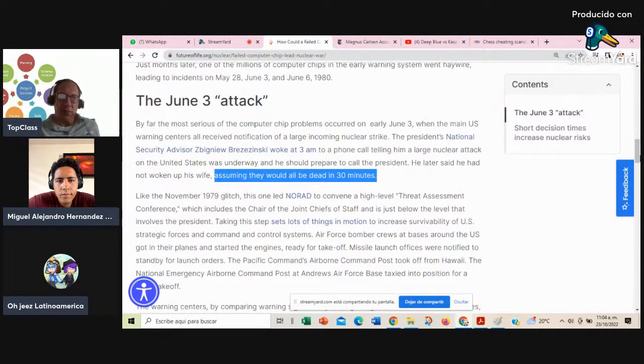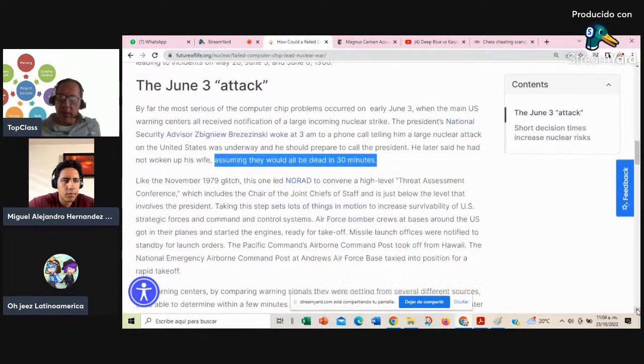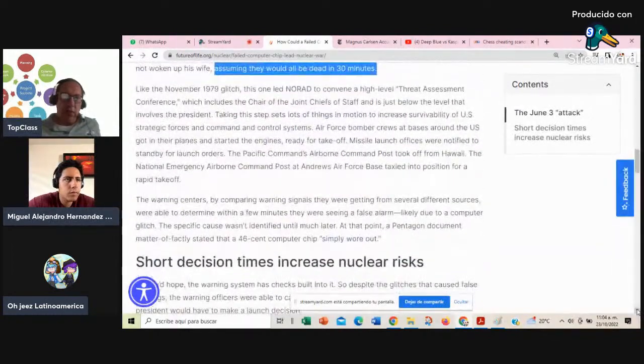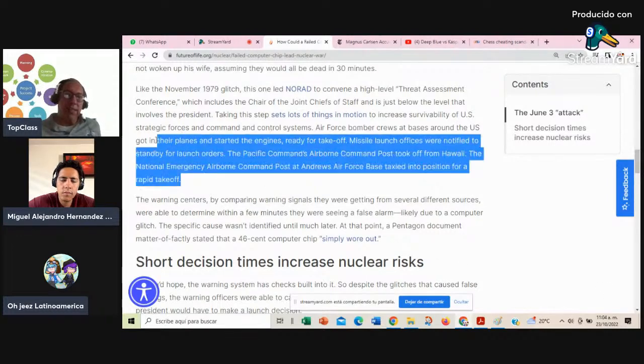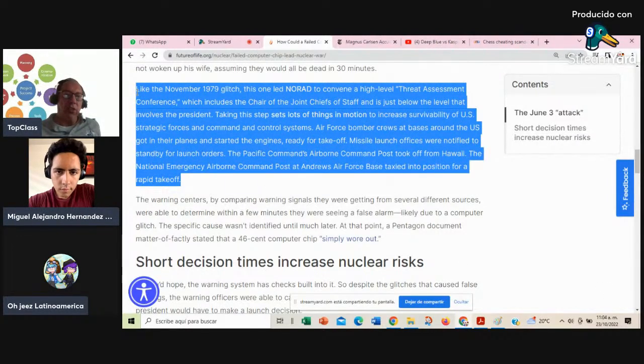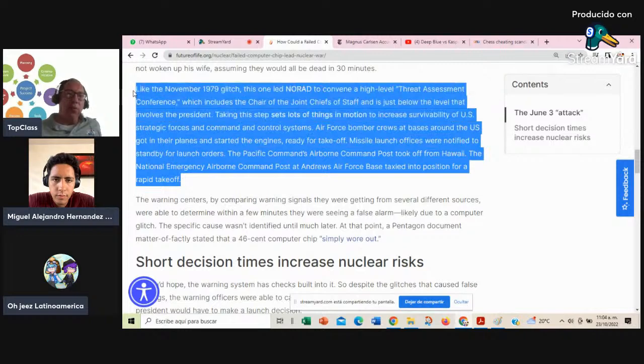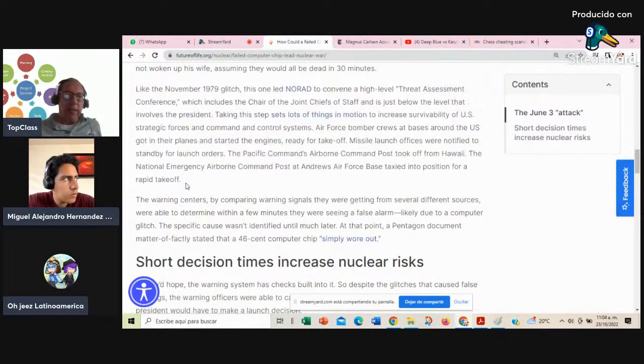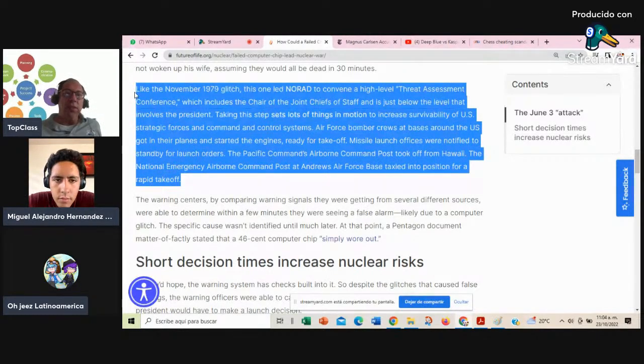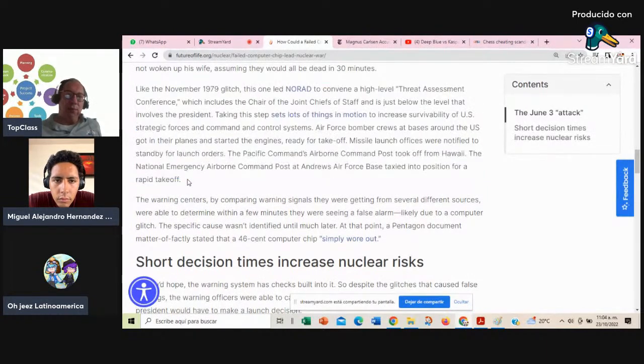Yeah, that's true. Well, they even had a conference here, the NORAD, which is the institution that governs the Air Force in the US, and that was responsible also for not detecting, and I put this 'not detecting' in quotation marks, the supposed or alleged attack of the Arabs on the Twin Towers that lasted for more than 1 hour.